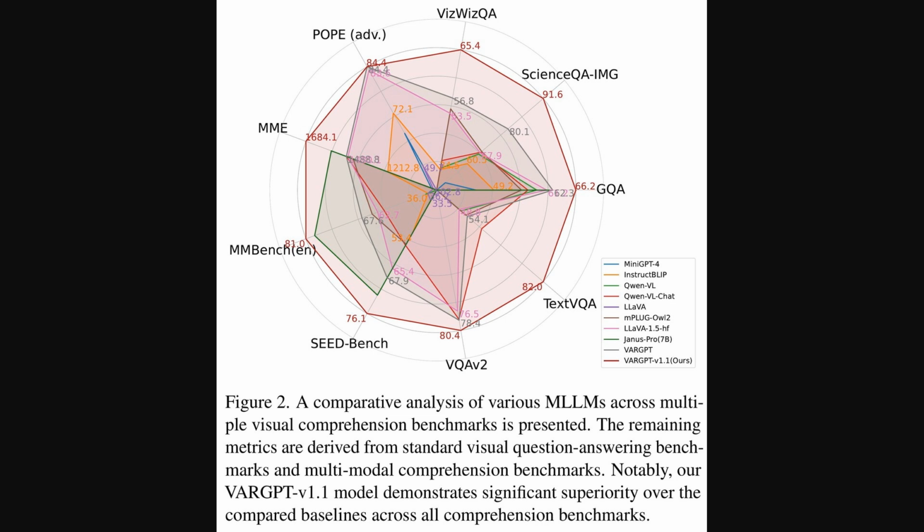It's plotting their performance on a whole bunch of visual comprehension and question-answering benchmarks, like MMBench, TextVQA, VQAv2, and others. And you can clearly see VARGPT-v1.1, that dark red shape reaching outwards. It's showing significantly better results than the comparison models across pretty much all these understanding tasks.